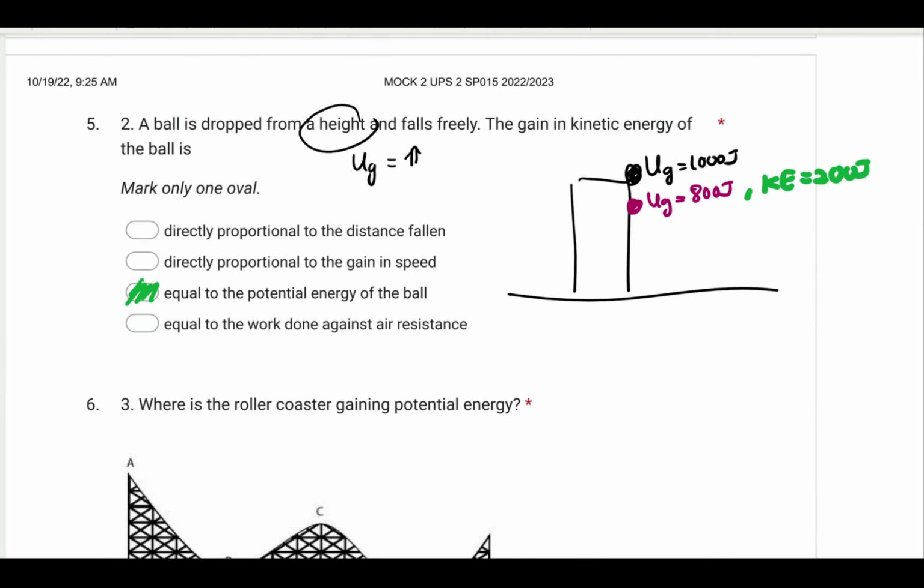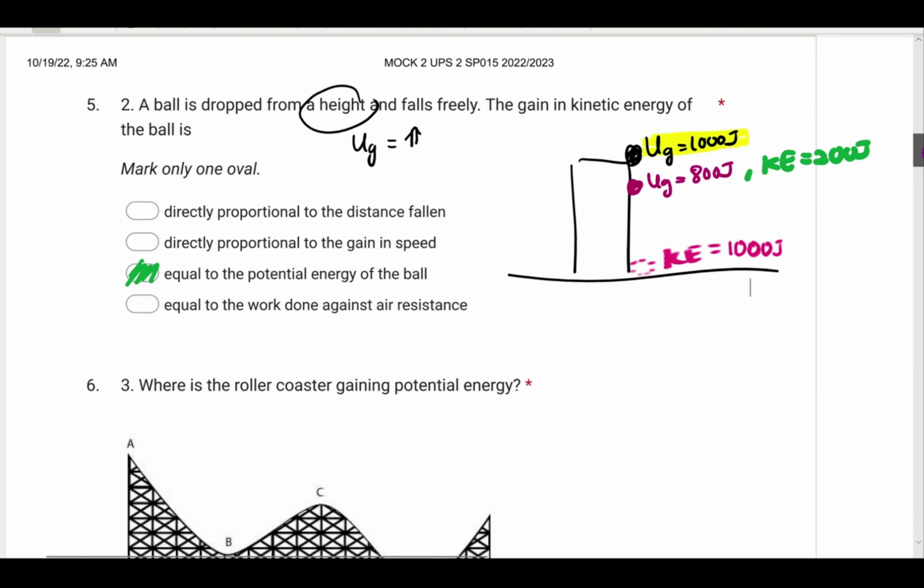Okay, so jadi the gain in kinetic energy of the ball is equal to the potential energy of the ball. So kalau asalnya tadi potential energy dia adalah 1000, so semakin dia turun ke bawah kan, semakin dia nak sampai dekat bawah tu, okay, kita boleh nampak kat sini. Jadi dia punya kinetic energy dia akan samalah, which is 1000 joule, which is equal to gravitational potential energy dia masa dia dekat atas tadi.